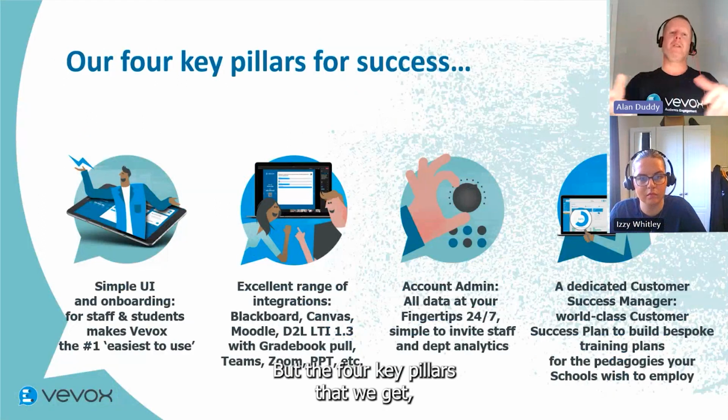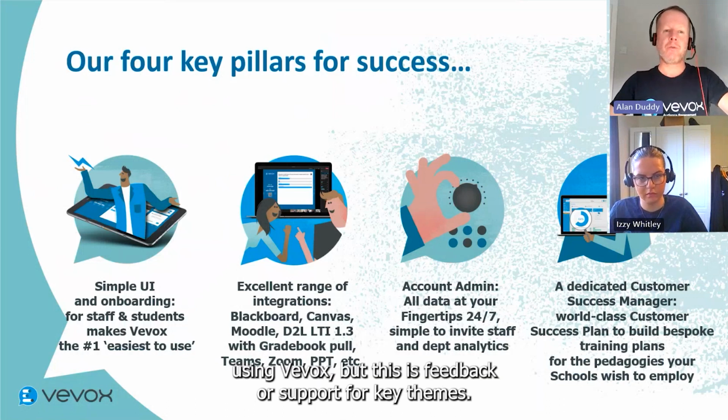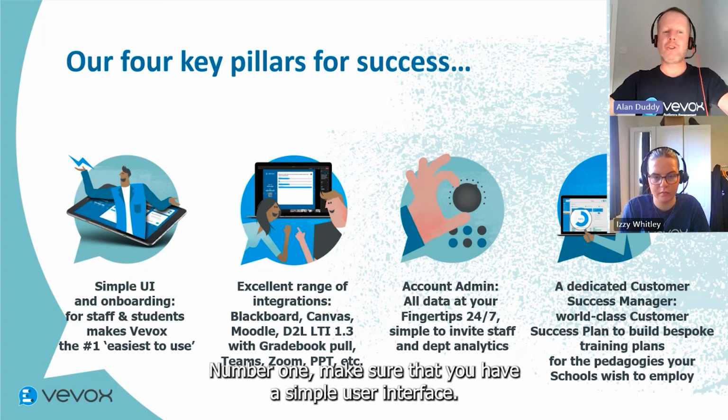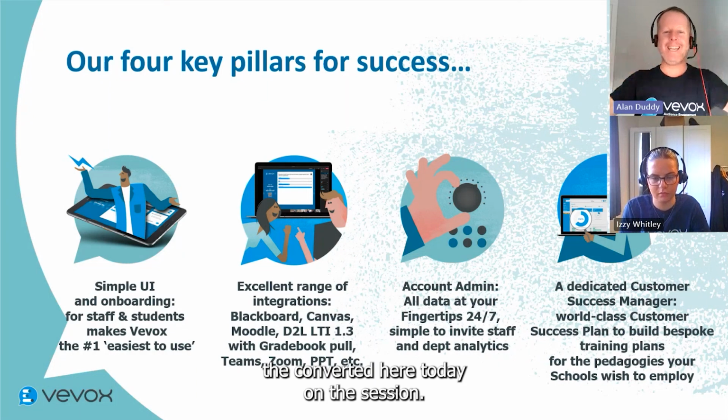But the 4 key pillars that we get, we work with 59 UK universities using VVox, but this is feedback, or I suppose 4 key themes, 4 key pillars that we get in around those themes. Number 1, make sure that you have a simple user interface and onboarding. I know I'm speaking to the converted here today.